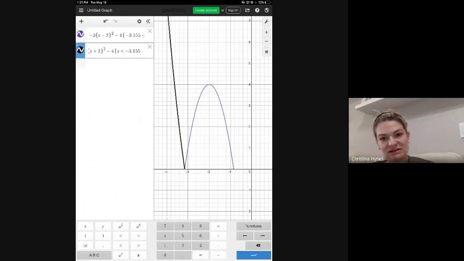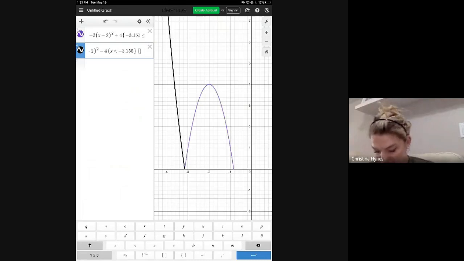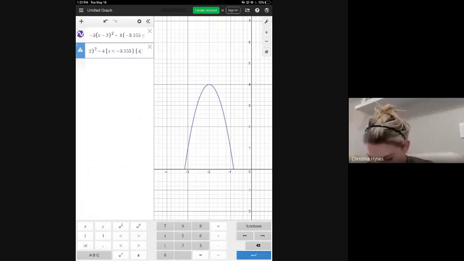There you go. Do you see how it's starting to look like that W kind of U shape, whatever you guys want to call it? And then outside, make another curly bracket. You want to include another curly bracket for the other one. And x is greater than negative 0.845.